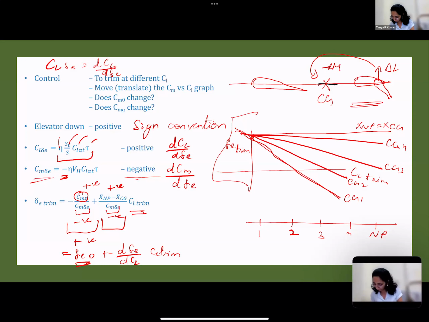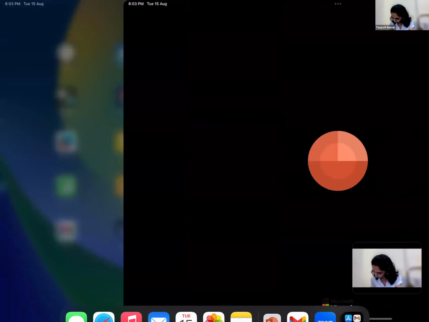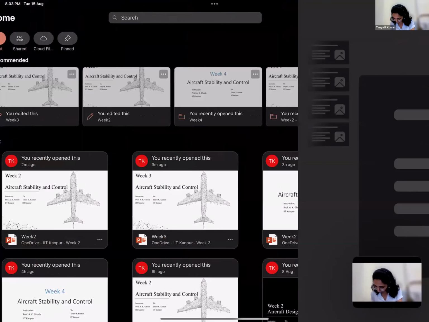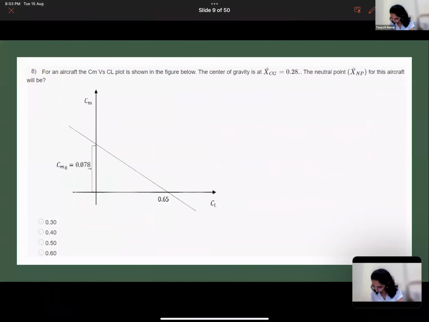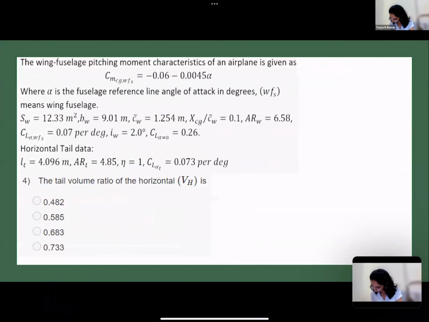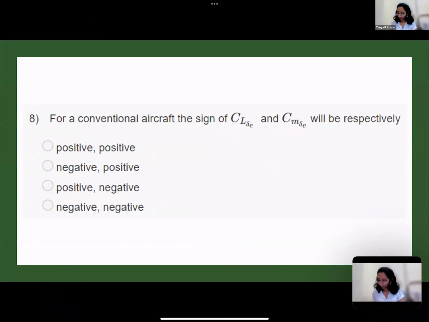Okay, so let's go. Yes, here. So CL delta E is dCL by d delta E. Positive delta E is downward deflection of elevator.